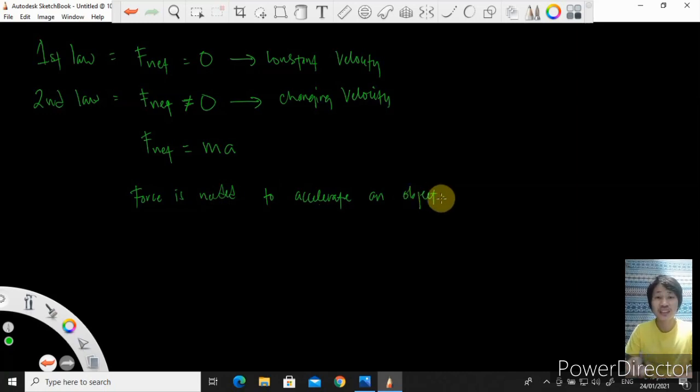Force causes acceleration. Okay ba yun? Hindi mo kailangan ng force to produce motion. Kasi nga, provided na walang external forces, object will move at a constant velocity. Kailangan mo lang ng force to change the velocity of an object, to produce acceleration. Okay? Hindi mo kailangan ng force to produce motion. Instead, you need force to produce acceleration. Okay ba yun?